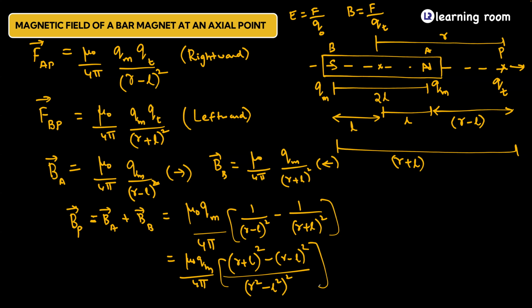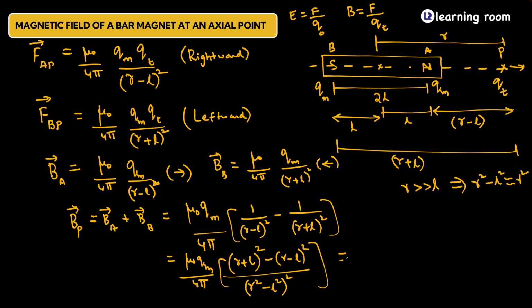So is it not something similar to what we saw there? Same logic, no? So here observe R is going to be very much greater than L because it's a small bar magnet. That implies R square minus L square is approximated to R square. R square the whole square will be R power 4. Right. So (A plus B) the whole square minus (A minus B) the whole square is 4AB.